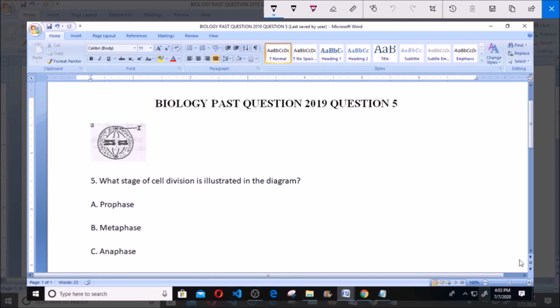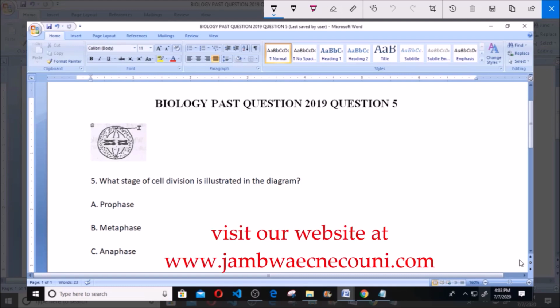For all stages of cell division, there is always a unique occurrence that distinguishes them. That is why the diagram of prophase will always be different from the diagram of metaphase, the diagram of anaphase, and so on.